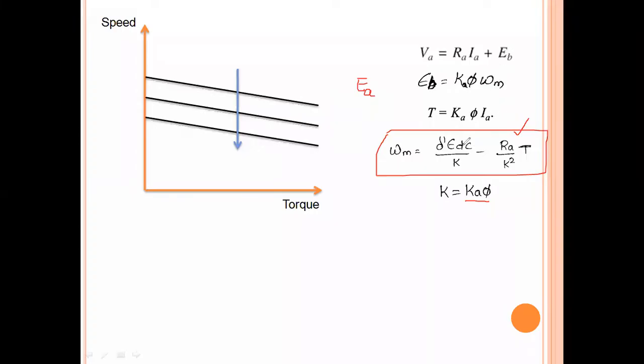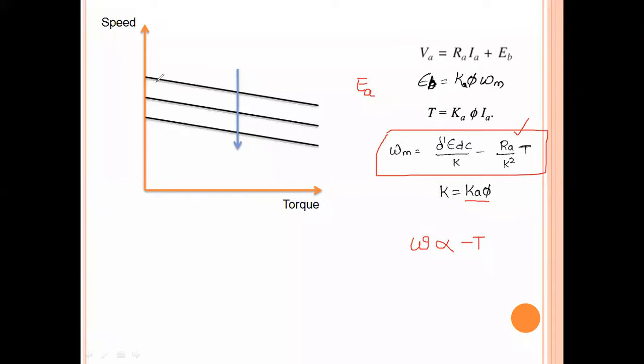Here you can see omega and torque are related with a negative slope: omega is proportional to minus torque. See the minus term for the torque.